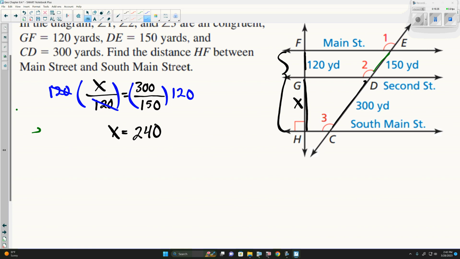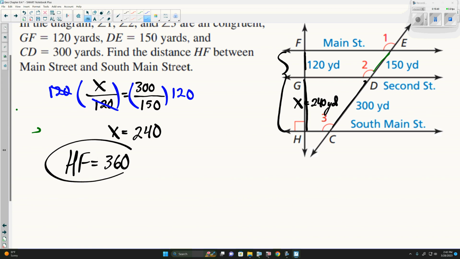Yes. Because G to H would be 240, but the total distance of HF is going to be 360, because we have to add 120 and 240 together, and 120 plus 240 is 360.